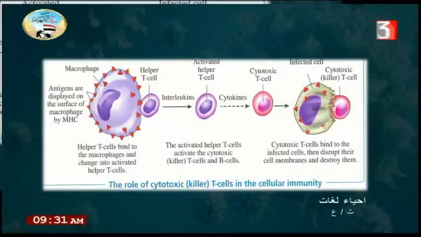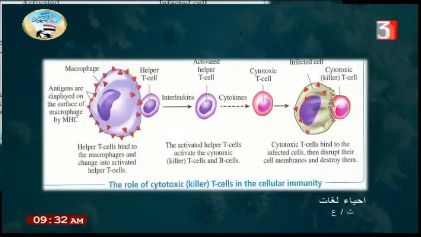If you imagine what happens inside your body or blood, the antigens are displayed on the surface of the macrophage with MHC.